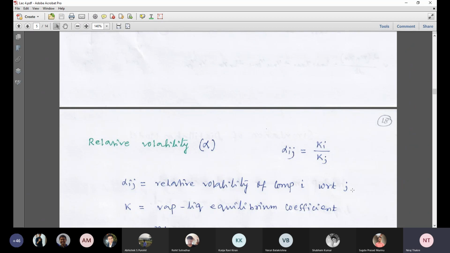But in practice, these vapor and liquid phases are not in phase equilibrium. In that case, we consider a tray efficiency which is definitely less than 100%. So tray efficiency basically indicates the departure of the two phases from the equilibrium state.